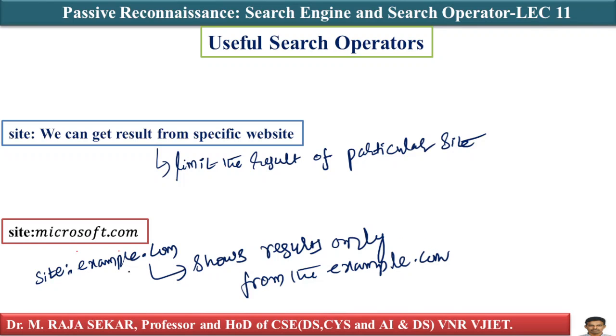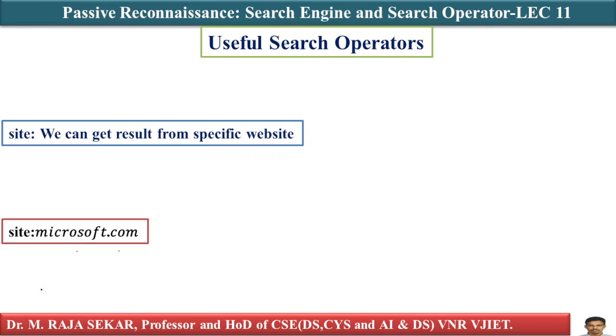In a similar manner, what is the meaning of site:Microsoft.com? It shows results only for the Microsoft.com domain. That one must understand.